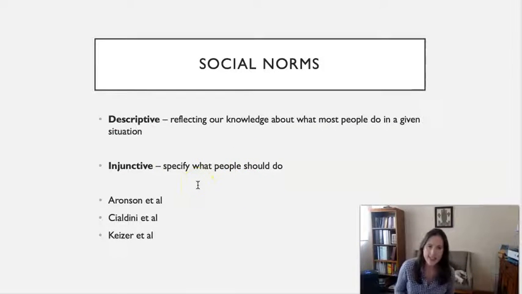What Aronson did for this study is he had a Confederate who started a shower at the end of a room in the athletic center. As soon as someone came in, that Confederate would turn off the shower and loudly lather up, so it was obvious he was turning off the shower to conserve water.